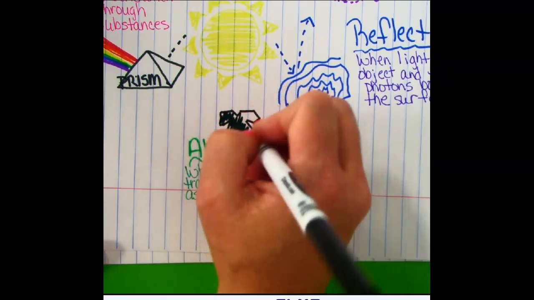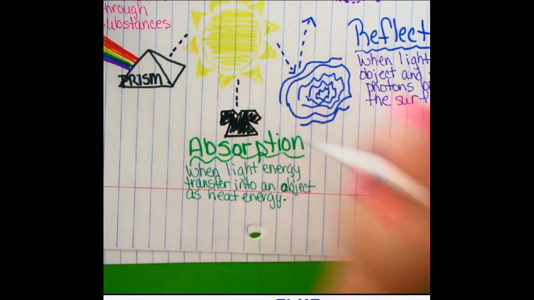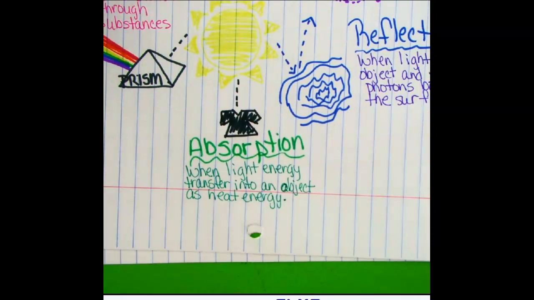Color it in because it's dark. And it just soaks up the light, right? It doesn't bend, it doesn't bounce, it just soaks it into heat, correct? You just heat up. I will give you a minute to do that.